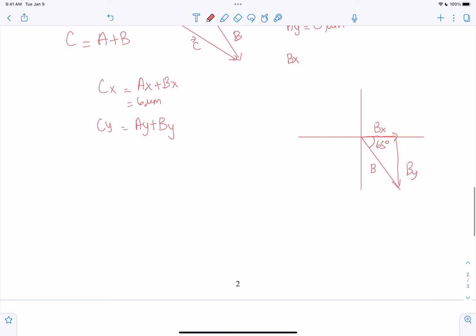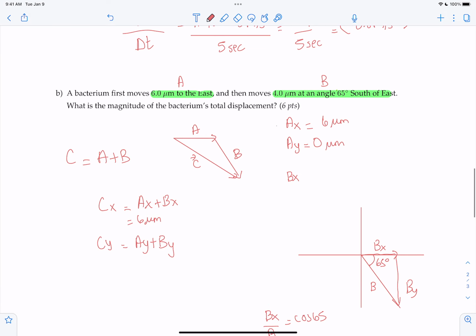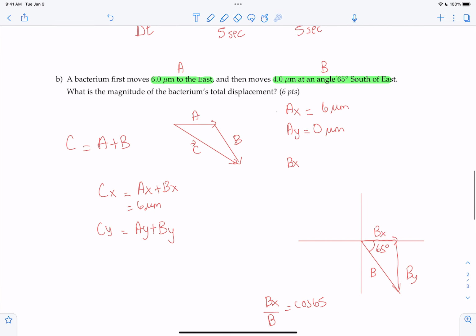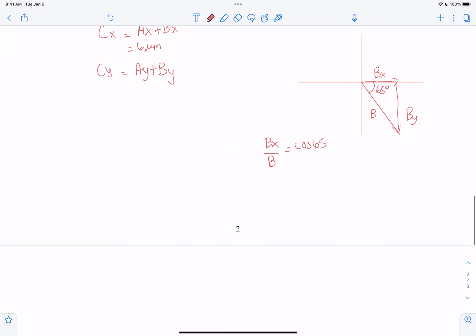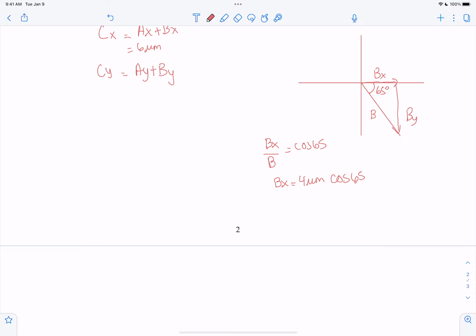Cosine, right? So bx over b is equal to cosine 65, and b was 4 micrometers. So bx is equal to 4 micrometers times cosine 65 degrees. That should give us our bx.